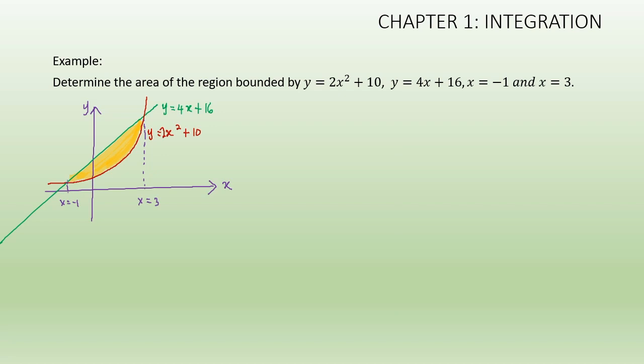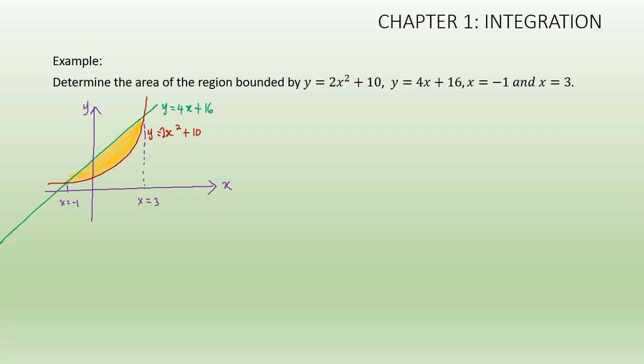Now look at the following example. Determine the area of the region bounded by the quadratic curve y equals 2x squared plus 10, the linear curve y equals 4x plus 16, and the lines x equals -1 and x equals 3.